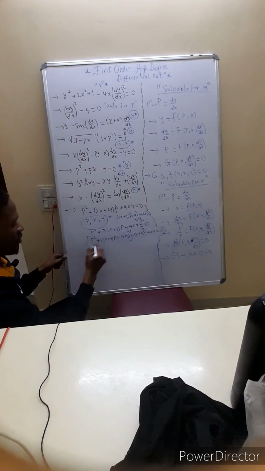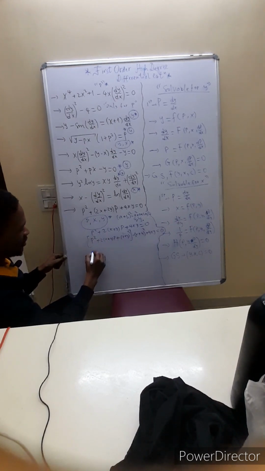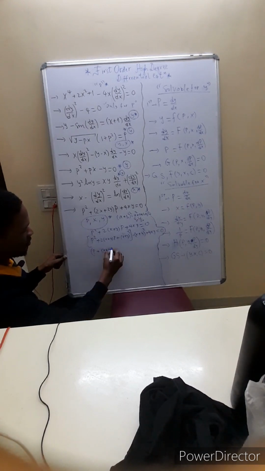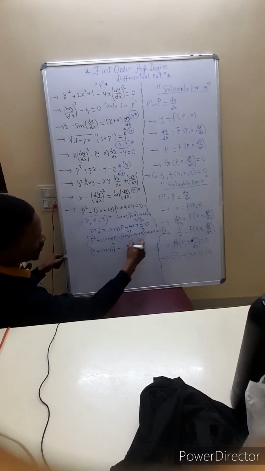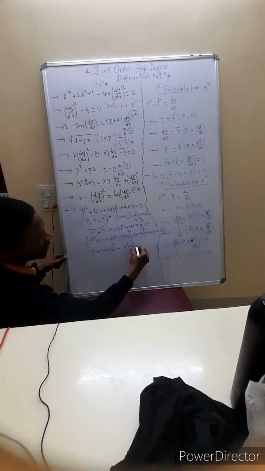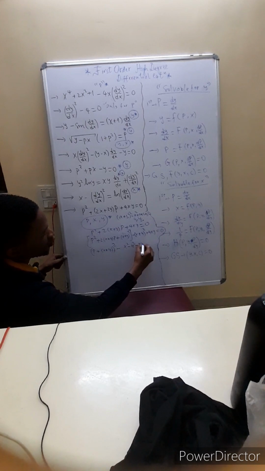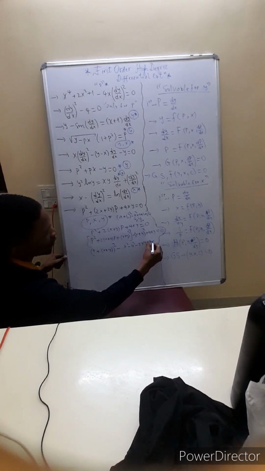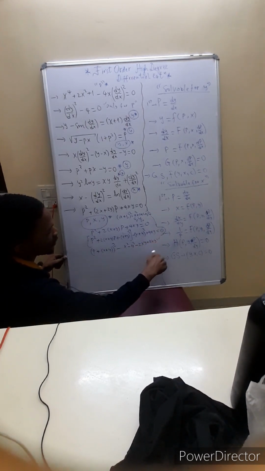Then in this way you are going to get this: p plus b, a plus b, this is p plus x plus y, square, minus x squared, negative here, x squared minus y squared, then minus 2xy plus 4xy, equal to 0.